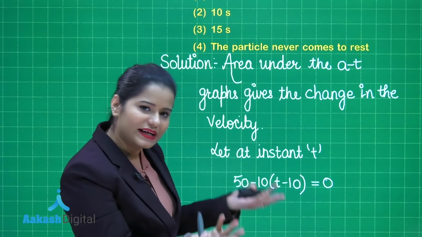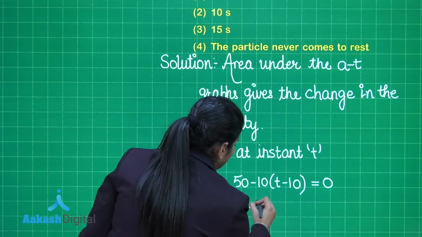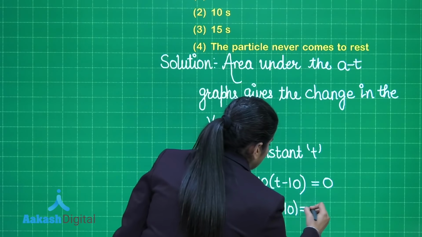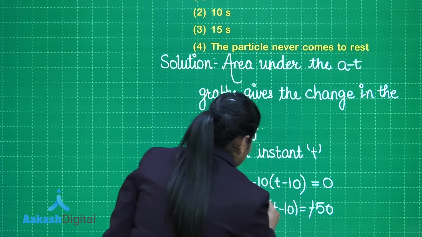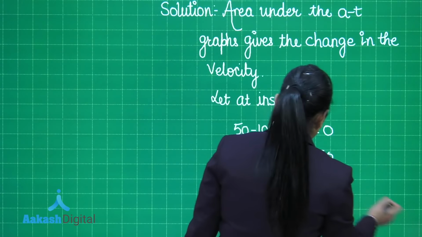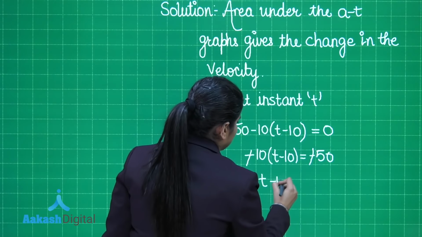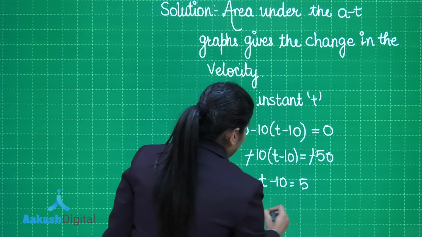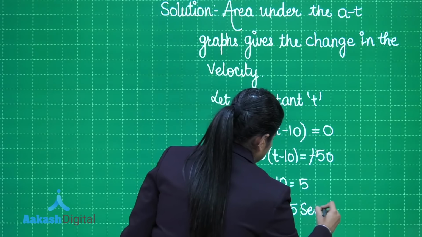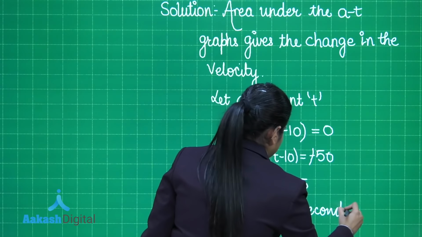So what is the difference? That is 0. On solving this I will get 10 times (t minus 10) is equal to 50. This gets cancelled out. Further, on solving I will get t minus 10 is equal to 5, and this gives me t as 15 seconds.